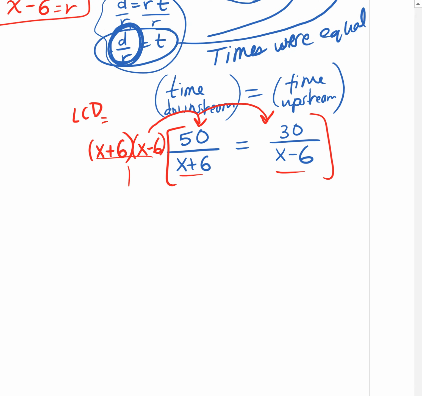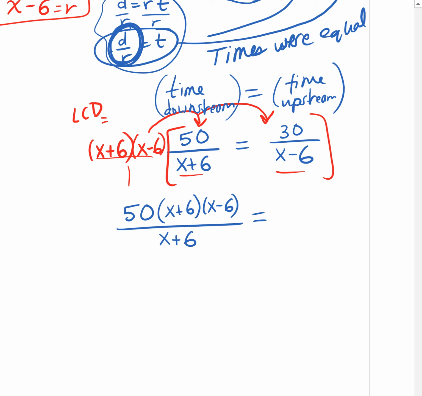So first it's x plus 6, x minus 6 over 1 times 50 over x plus 6. If I multiply across, I have 50 times the x plus 6, x minus 6, over 1 times x plus 6, which is just x plus 6.